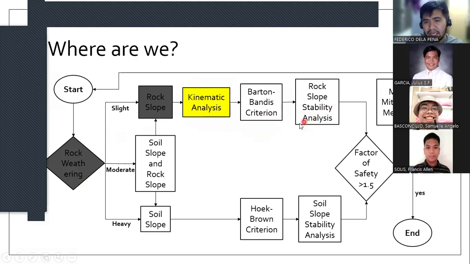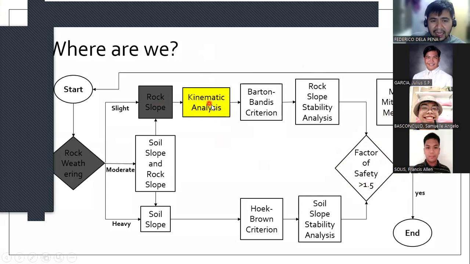And before you can determine the strength of the rock, you will have to use the Barton-Bandis criterion. And once you determine the factor of safety of the slope, if it's unacceptable, you will have to do some mitigation measures and input that in the stability model until you get an acceptable factor of safety. Once you have fully stabilized the slope in your model, then you can say that you have properly designed your rock slope. Okay.